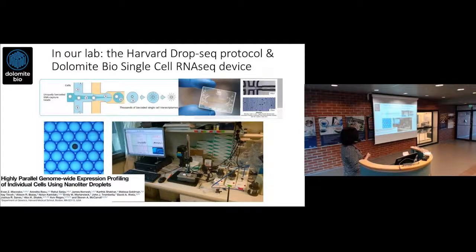And then this bead captures the poly-A RNA. And that's all that happens in the chip. And later on, we just break the emulsion and do the reverse transcription in bulk. But because these beads have a unique barcode, all the RNA is labeled with that bead barcode, and that's the way to track them later on from the data, which cell had which genes expressed.